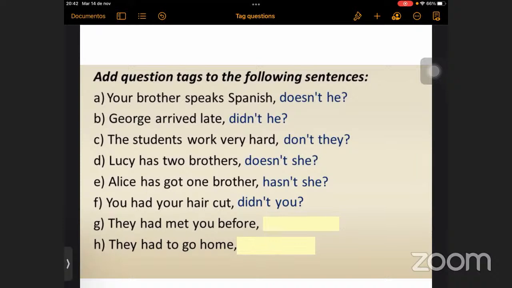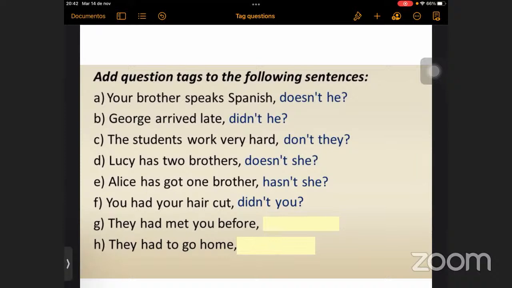Hasn't they? Hasn't is present perfect, and it's for he, she, it. Past perfect, look for it in your notes. Haven't they?